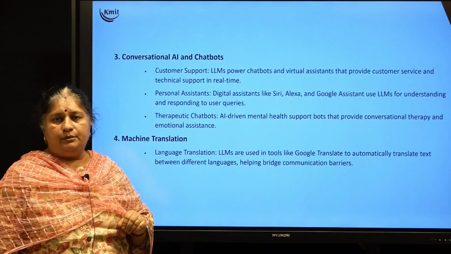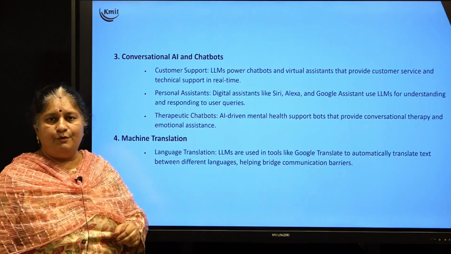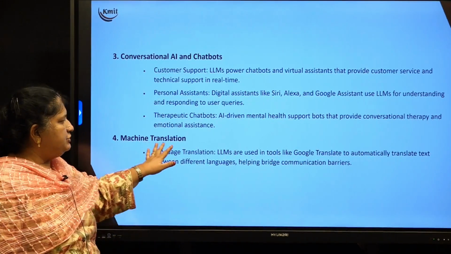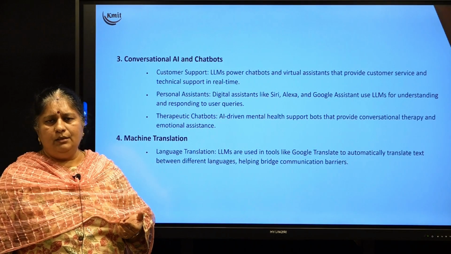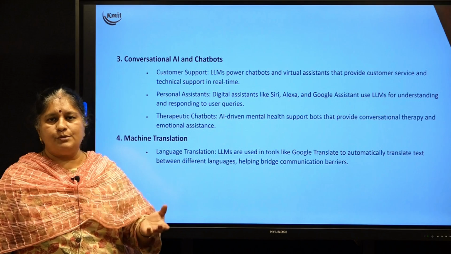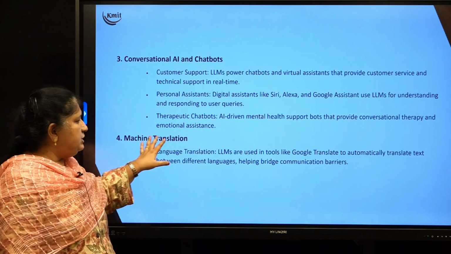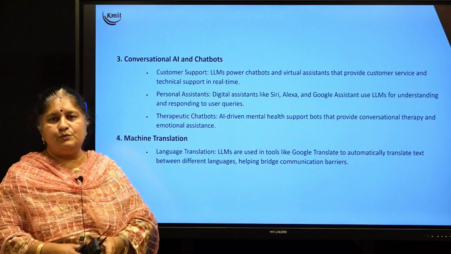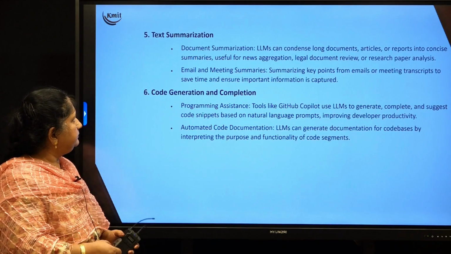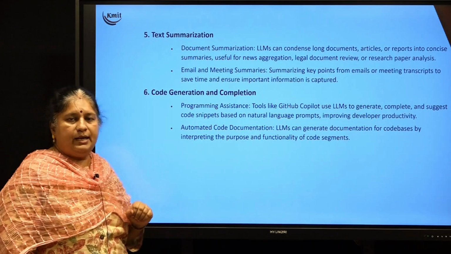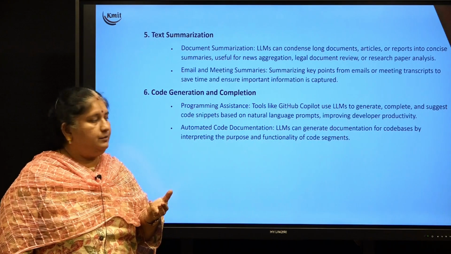Conversational AI and chatbots, another level of example for LLMs. Similarly, translation, we are working with Google Translator most of the time, without which generally we don't proceed to communicate. So machine translation is one of the applications for large language models. Text summarization, another example, right?